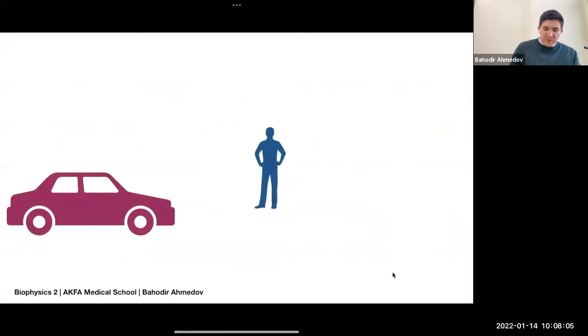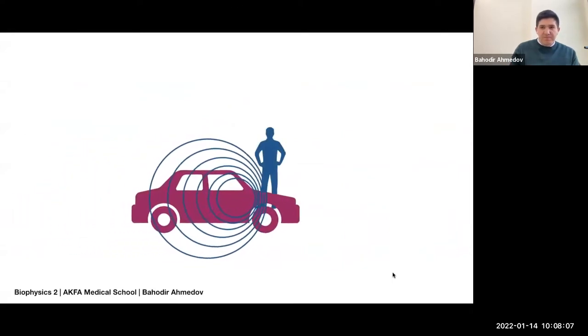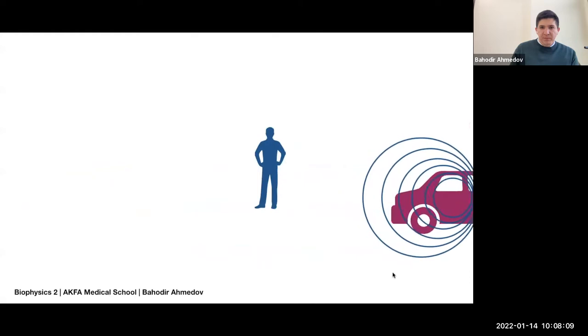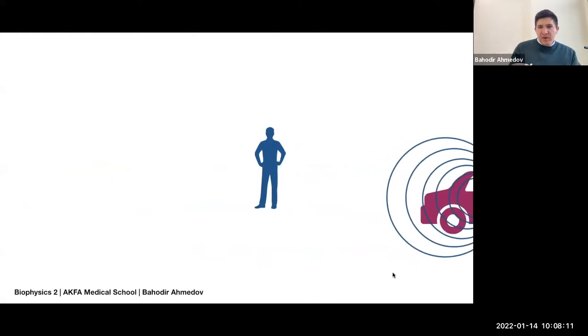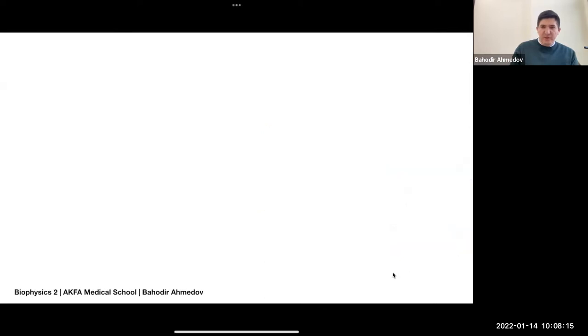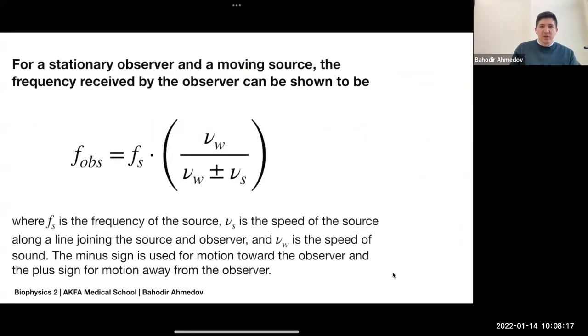We've seen this example with this car, which is moving towards this observer, and as it moves towards the observer, its frequency increases. As it moves away, its frequency decreases.